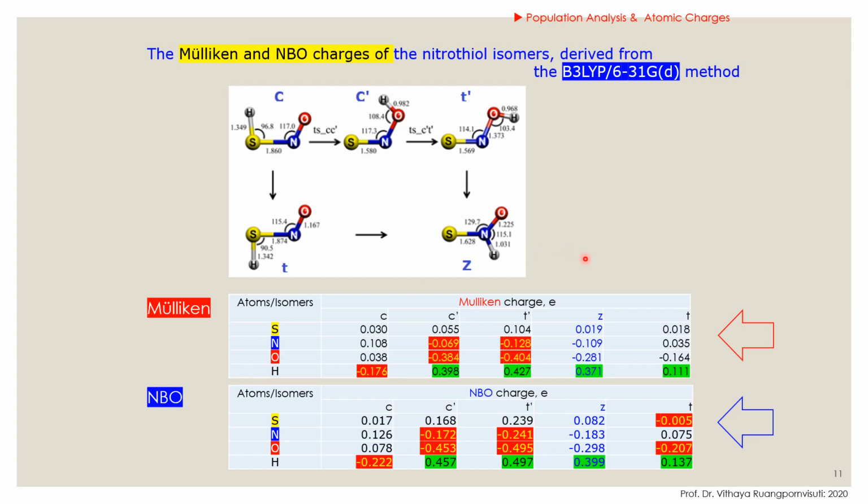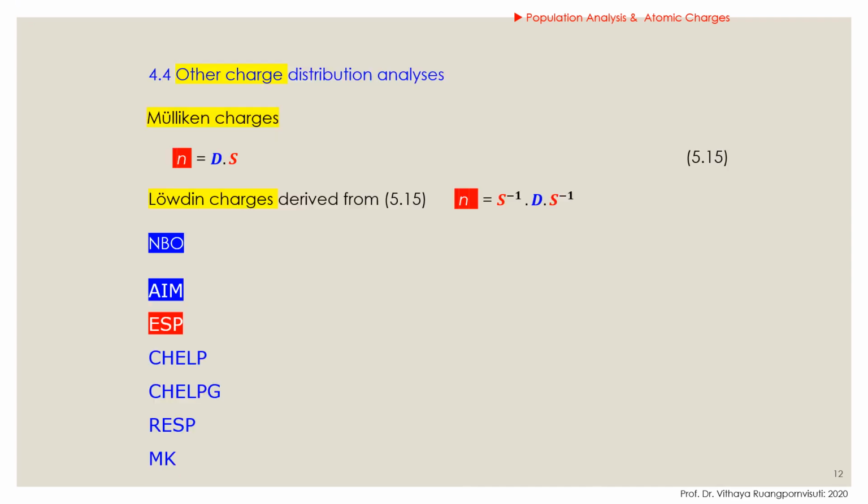For the Z isomer, molecular and NBO charges are quite similar, but for other isomers, they are quite different. As a charge distribution analysis, as we know, the molecular charges are the default obtained from the LCAO-MO calculation.